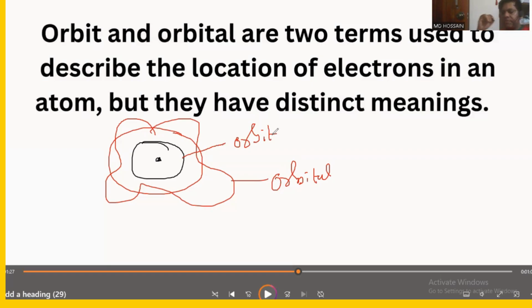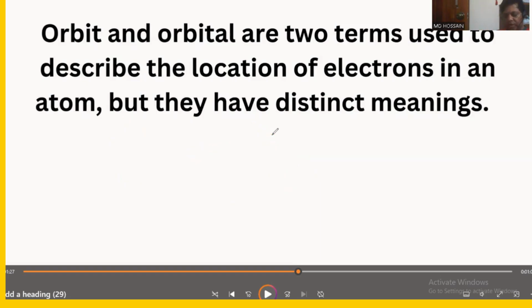So the basic difference: orbit is a circular way around the nucleus where electrons are moving, and the orbital is the three-dimensional region around the nucleus. From this slide, just keep this in mind, and the extension we'll learn later on the next slide. So let's go again to the next slide.